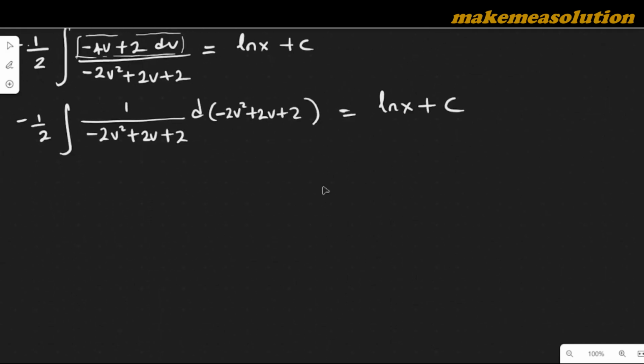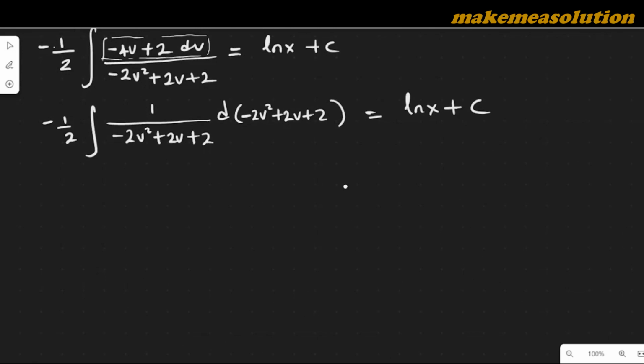At this point, you will notice that we have gotten back to our rule: whenever you're integrating 1 over something d something, you get ln of something plus c. But since we've already put the integration constant here, I'm not going to put an integration constant on this side.